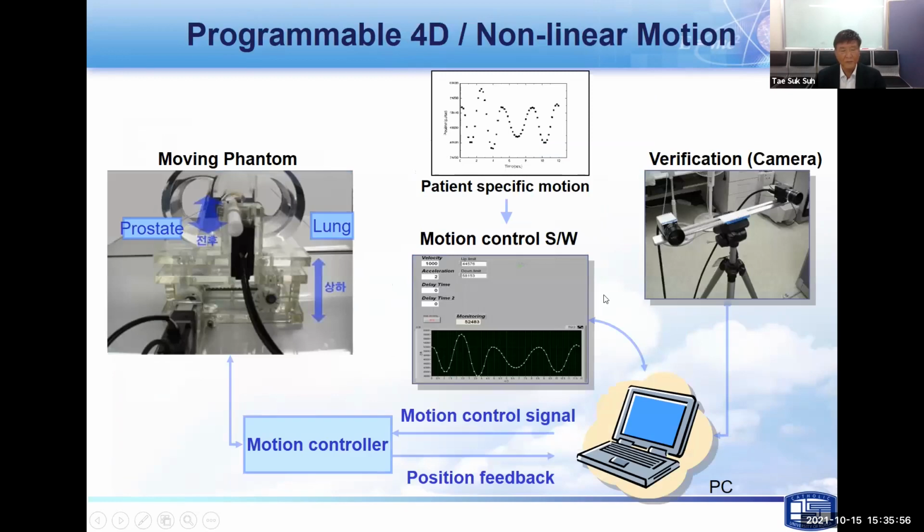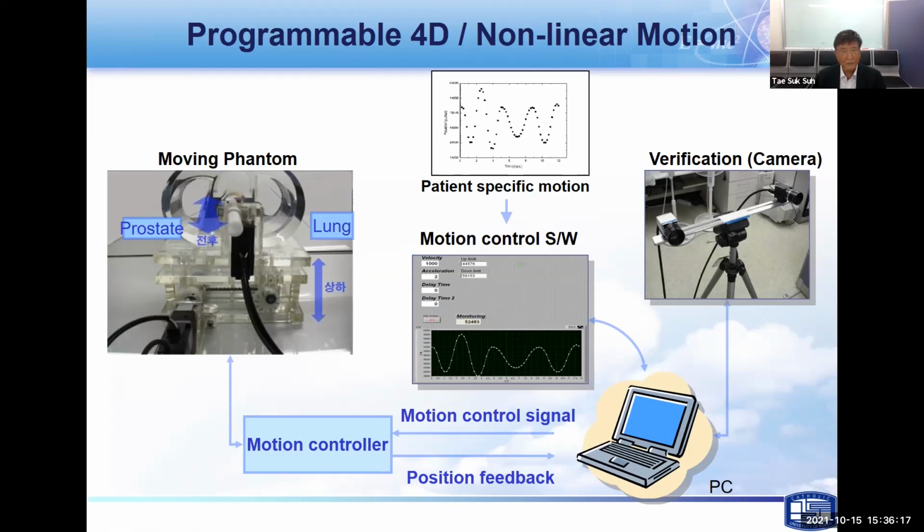This shows the programmable nonlinear 4D moving phantom, simulating the real patient motion. So first, the 4D CT patient data were transferred to personal computer.